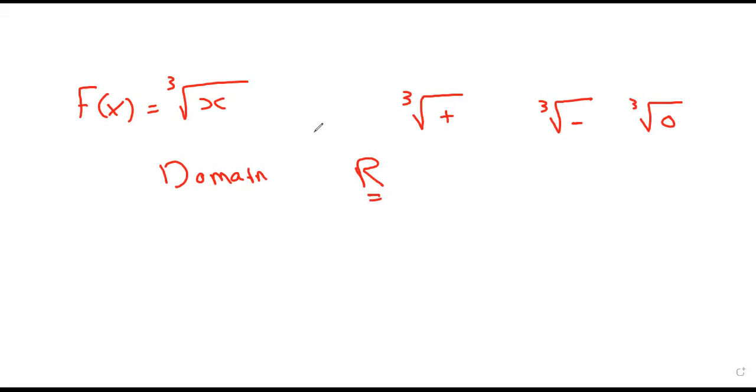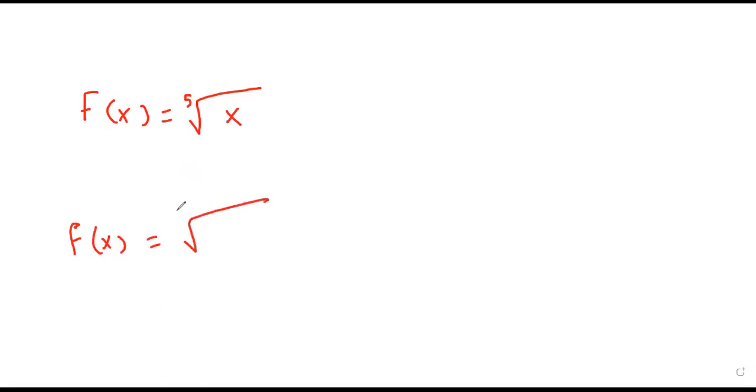What if I have something like f of x equals the 5th root of x or the 7th root of x? In this case, we can find any positive value. We can find the value of 0, and we can find any negative value.